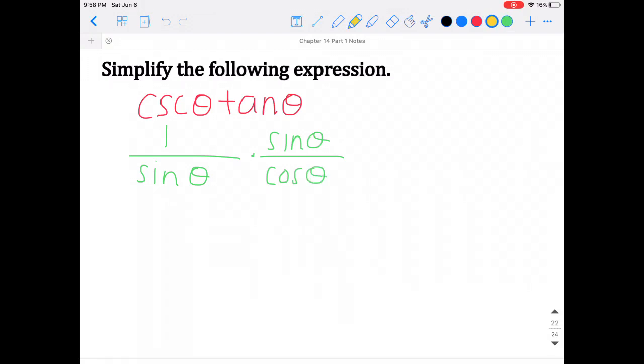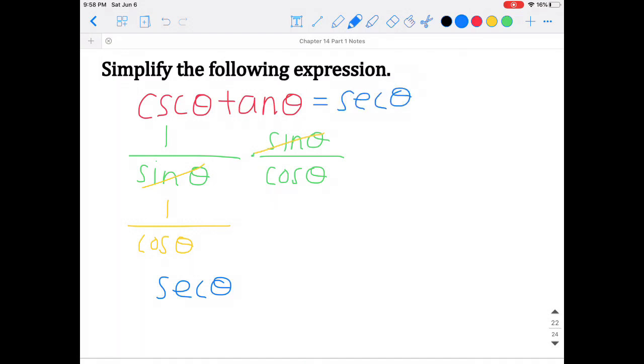Now you'll notice that our sine of theta cancels out, and we're left with 1 over cosine of theta. But we're not done here. We're not going to leave this as 1 over cosine of theta. Just make sure that you simplify fully. 1 over cosine of theta is equal to secant of theta. So cosecant theta tangent of theta fully simplifies to secant of theta.